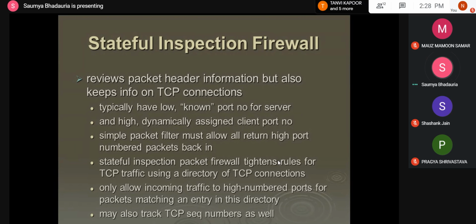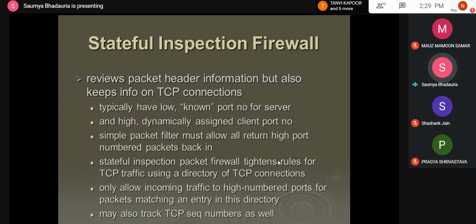Now, when the entire inbound traffic is allowed on all of these port numbers, this normally creates a vulnerability that can be exploited by unauthorized users. Here, the stateful packet inspection firewall, or the stateful inspection firewall, would make more stringent rules for TCP traffic.